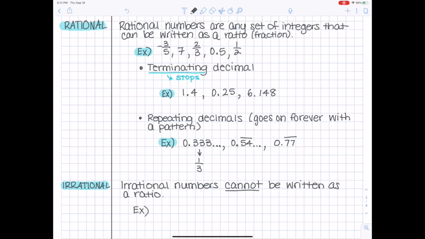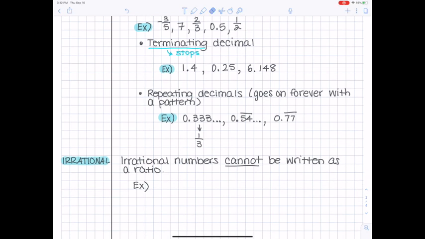So basically, all irrational numbers are decimals that go on forever with no pattern.